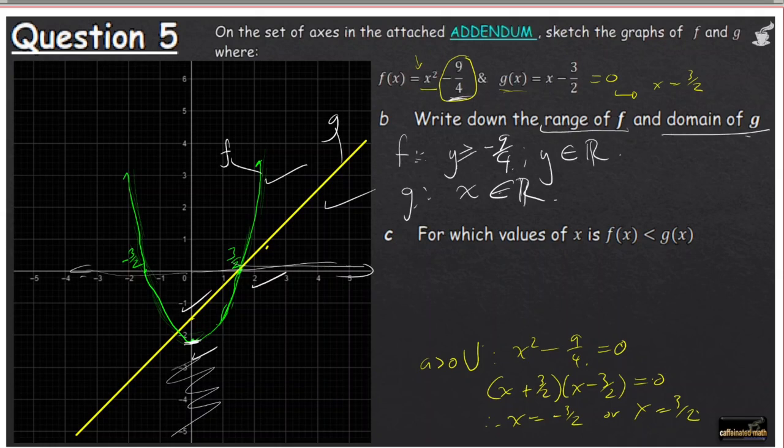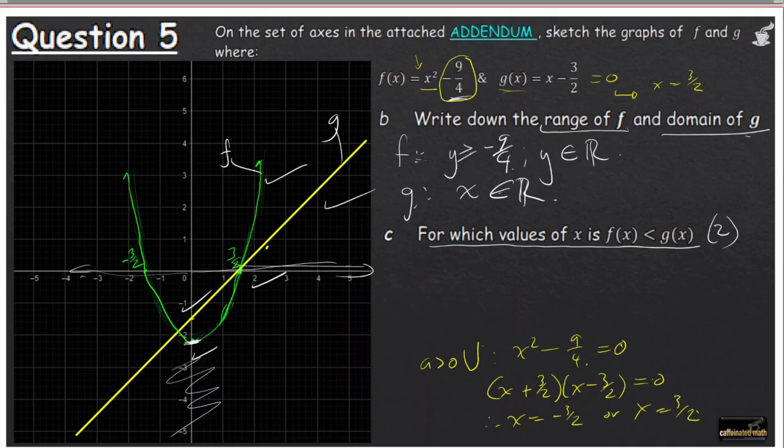And that's obviously f. Now, for which values of x is f of x less than g of x? And that was a 2-mark question. Now, you could go and do the calculations. I would not recommend that, because for 2 marks, you're supposed to read those off.